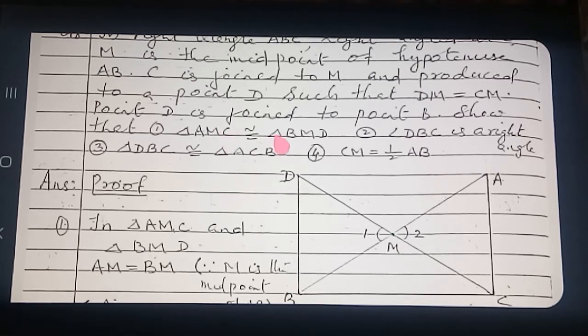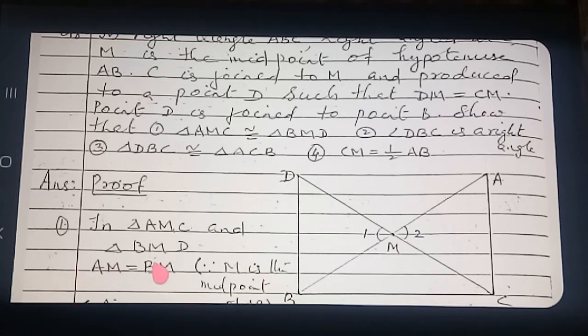First, we are going to prove that triangle AMC and triangle BMD are congruent. Listen here. First, can you say AM and BM are equal? Yes. It is already given that M is the midpoint of AB, so AM and BM are equal.